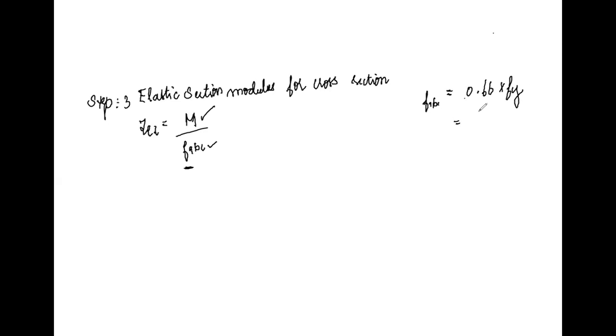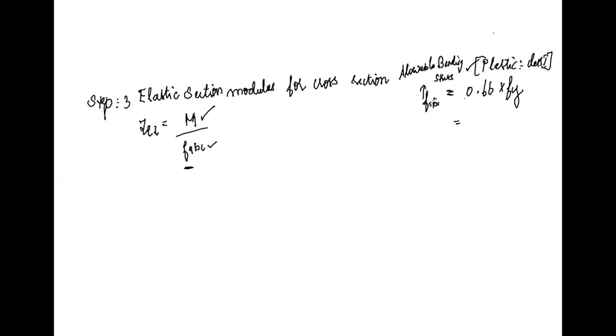Okay, because it is considered as a plastic, class 1 section. If we consider it is a plastic section, the formula used to calculate Fbc is 0.66 into Fy. Fy represents the allowable bending stress.